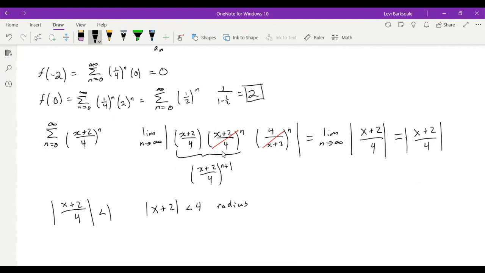To find the interval, I would have to actually solve this inequality, absolute value of x plus 2 is smaller than 4. So I'd say that x plus 2 is, of course, larger than -4, and x plus 2 is smaller than 4. So that gives me x is larger than -6, and x is smaller than 2.